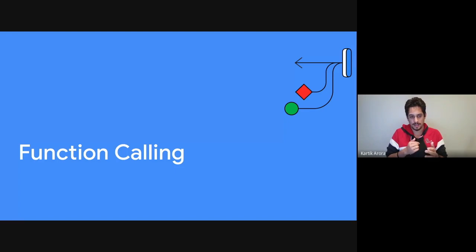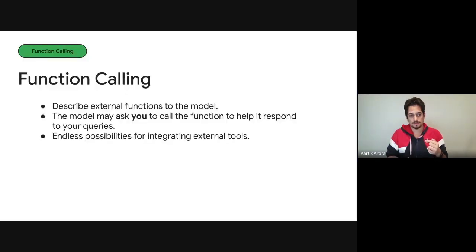So we hide that. Then the model will ask you or your program to execute that function and respond to the model back. And then it'll use that result to create its result. So think of it as question and answer until you arrive at your final answer from Gemini.